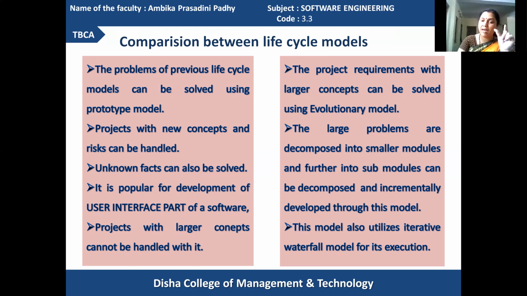In the evolutionary model, you can feel that the execution is performed on an incremental basis and successive versions of the system are developed. And when a particular version is being used by the customer, the next increment can be easily and effectively prepared.